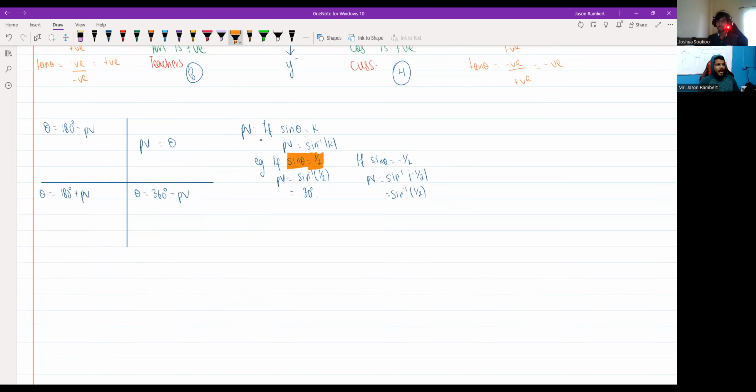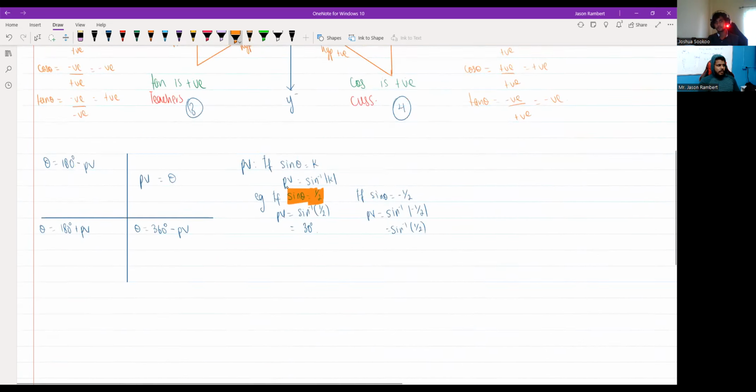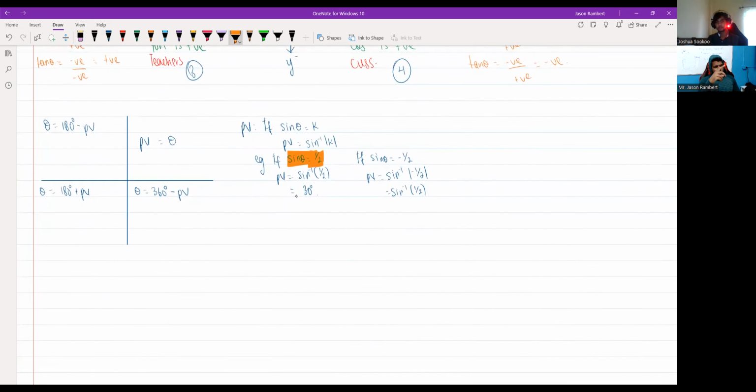Remember, I do have angles that will give me negative values for sine of theta. Sine of theta is positive where?